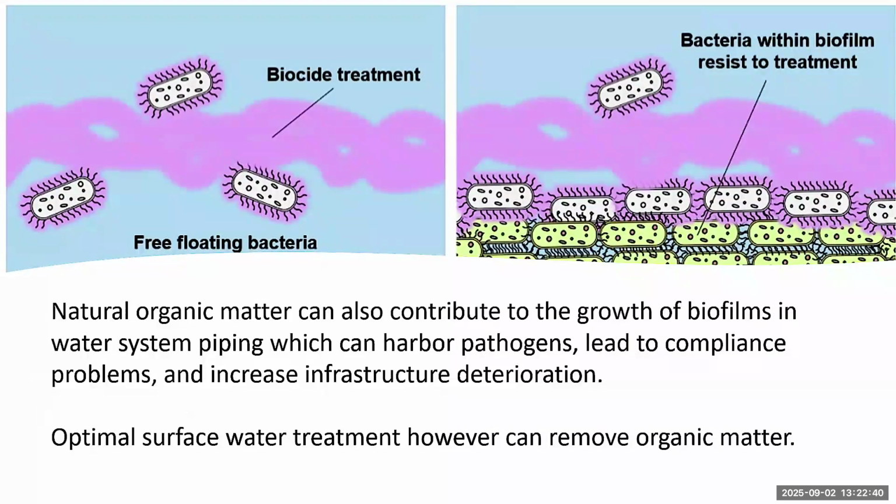So natural organic matter, I mentioned that previously. If that makes it through our treatment system, it can add to the growth of biofilms out in our distribution system. And when we've got that natural organic matter out there and it starts to grow on the pipes out in our system, it's an easy place for bacteria to live.